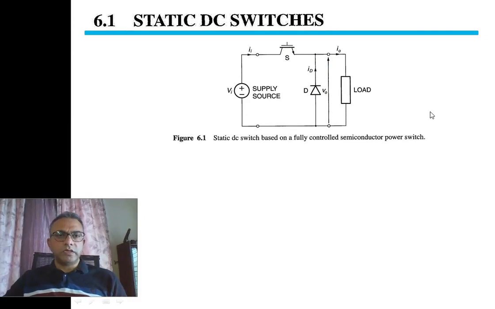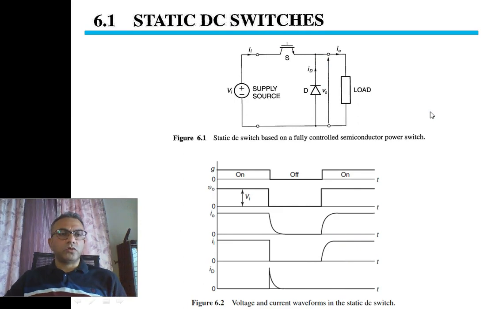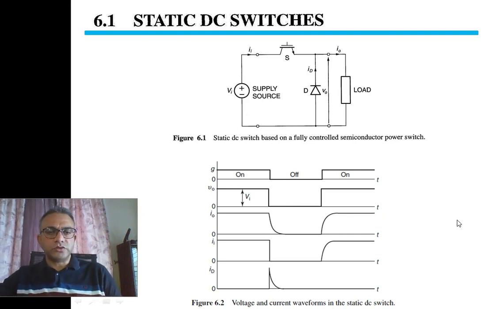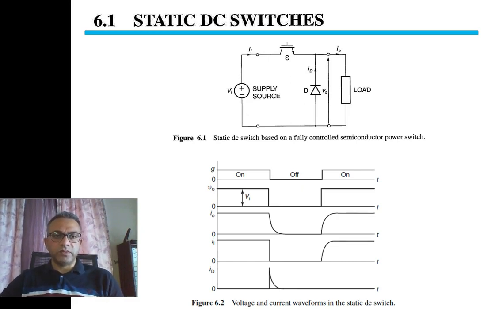Okay, so now let us look at the control signals and voltage and current waveforms for the static DC switch. In figure 6.2, the students can look at 5 various waveforms that are all related to the fully controlled semiconductor power switch DC-DC converter shown in figure 6.1.